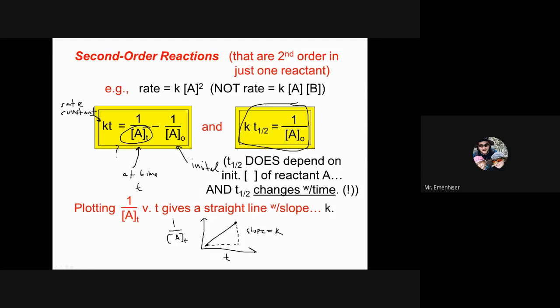This is 1 over the concentration versus time. So time's always on the x-axis, but for a second-order reaction, we don't see a straight line until we do 1 over the concentration. So the reciprocal of the concentration is a straight line. And we can only really work with straight lines in AP chemistry because curved lines require calculus because the rate is changing every second. But we need a linear relationship, okay? And so the reciprocal of the concentration will give us a straight line with the slope equal to K.